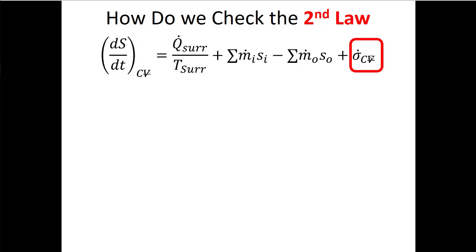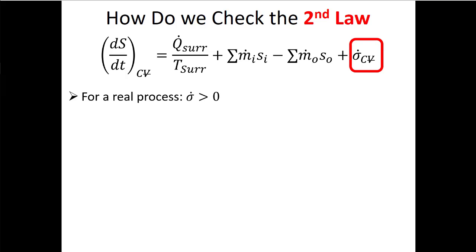This entropy generation term, because unlike conservation of mass and conservation of energy, entropy is not conserved, right? It's always increasing, and that's represented by this sigma dot term. This is our entropy generation rate.